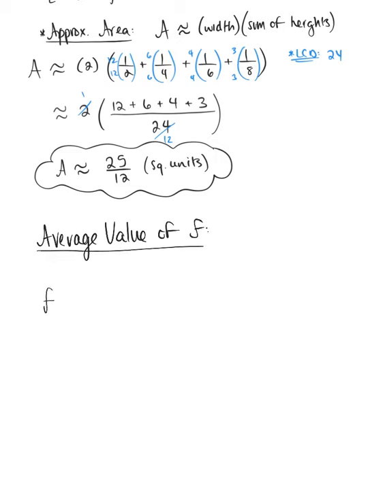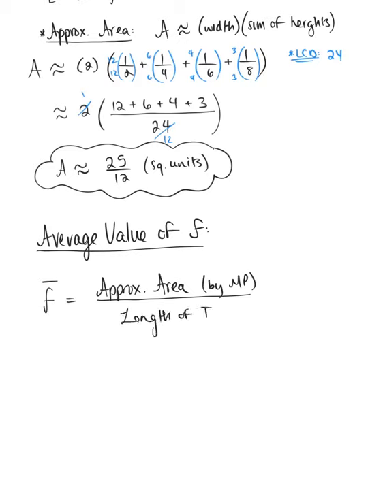That's going to be f bar, and it's equal to the approximate area by the midpoint, which we just found above, all divided by the length of the interval, so the difference between your endpoints.